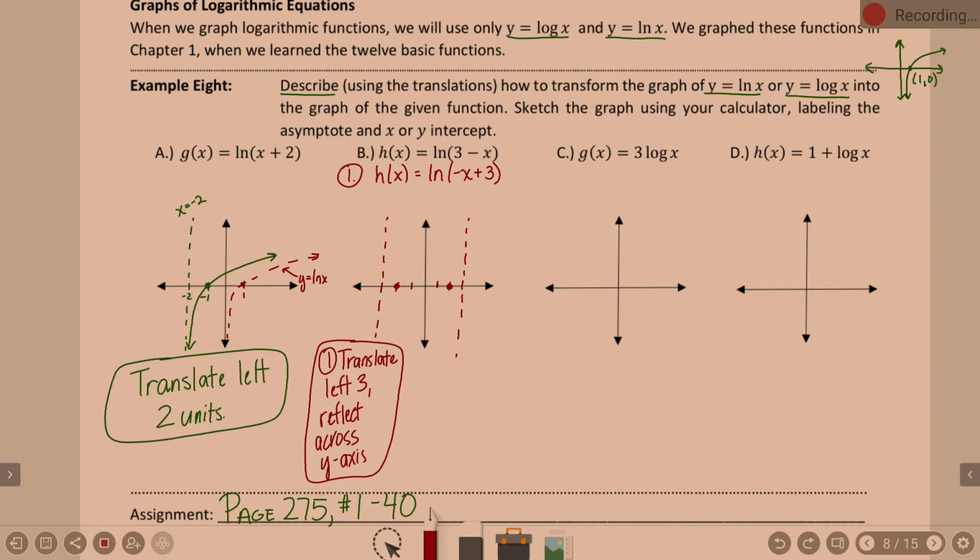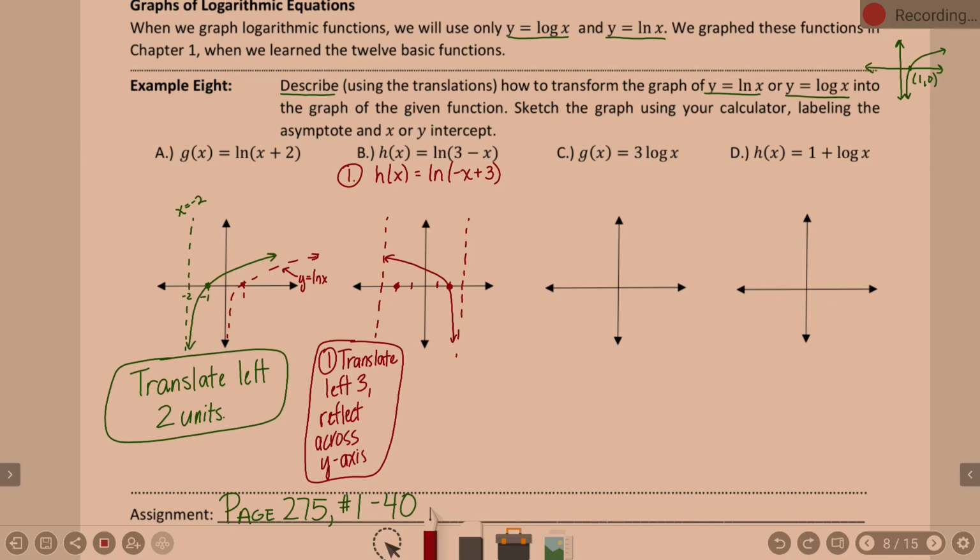My brain was going backwards. So what was here now goes the opposite way. It's going to go that way. I shouldn't have put that other asymptote and intercept on there.